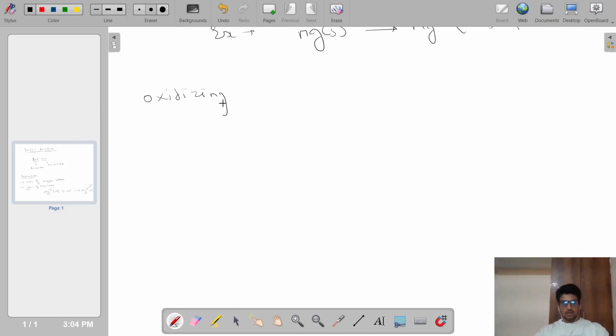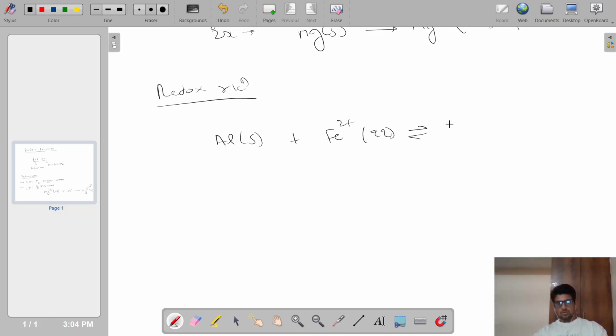Okay. Now another thing to learn is oxidizing versus reducing agent. But before that, let's see an example of a complete redox reaction in which the redox process is happening. Suppose you have aluminum solid and iron dipositive aqueous, and this is going to aluminum 3 positive aqueous and you form iron solid.